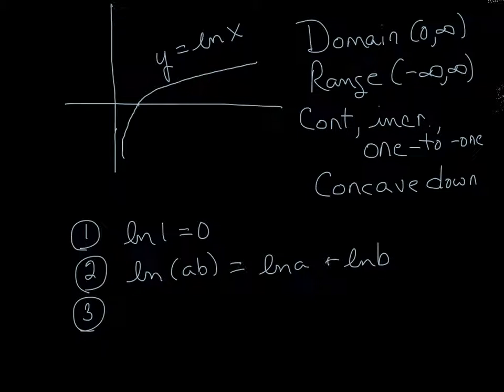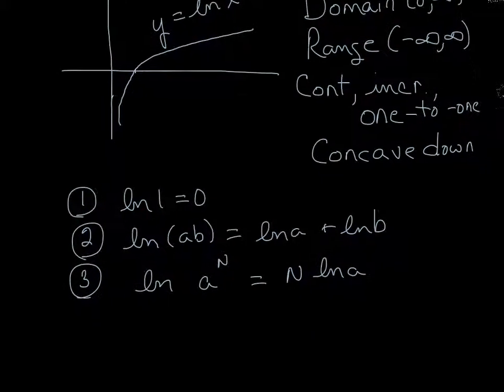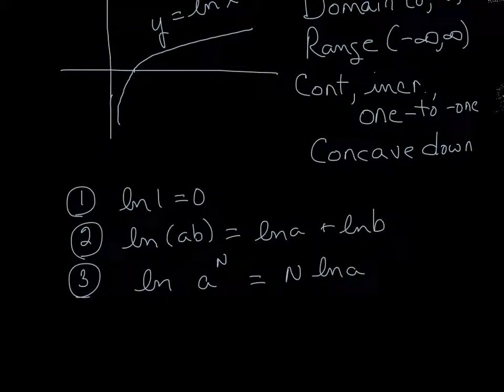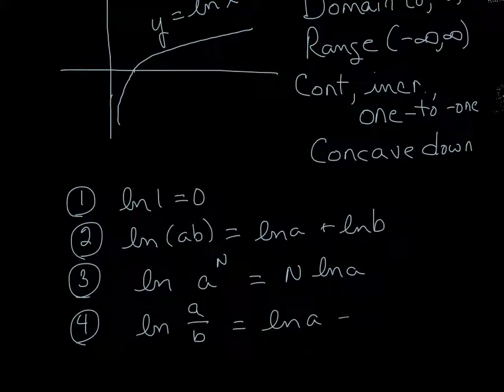Likewise, the natural log of a to the n can be rewritten as n times the natural log of a. And finally, the natural log of a over b can be expanded to the natural log of a minus the natural log of b. Now, these are some properties that we're going to be using as we begin to take derivatives of the natural logarithmic function.